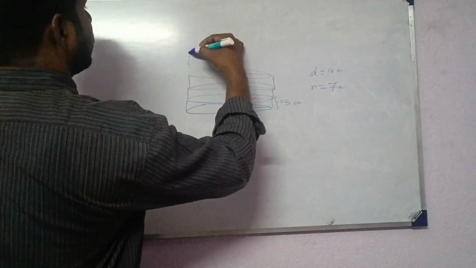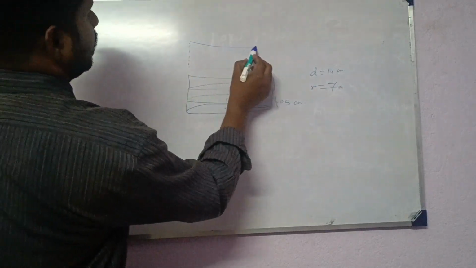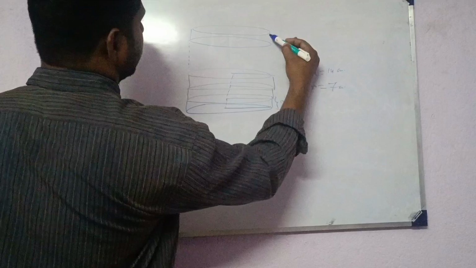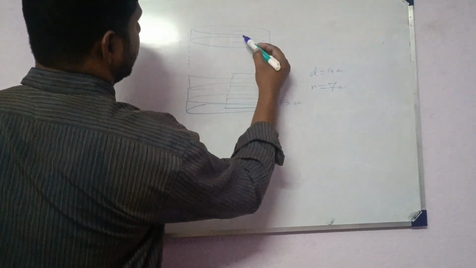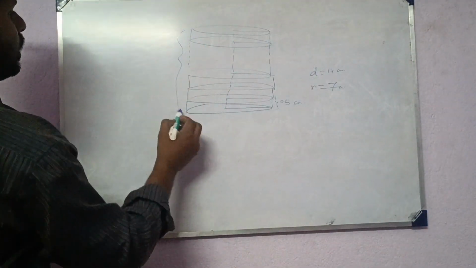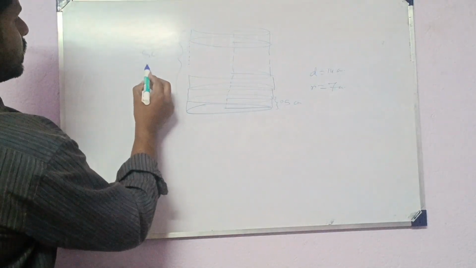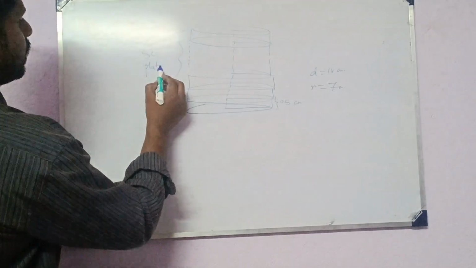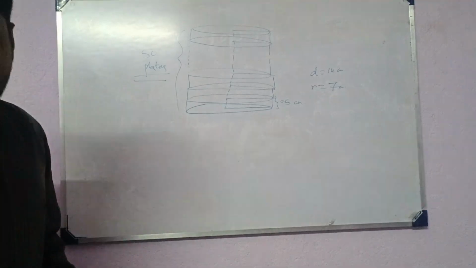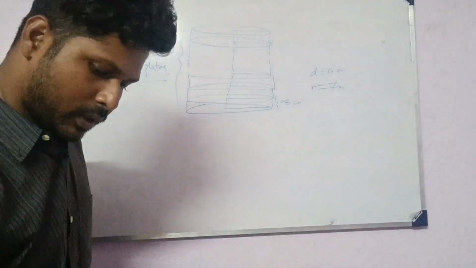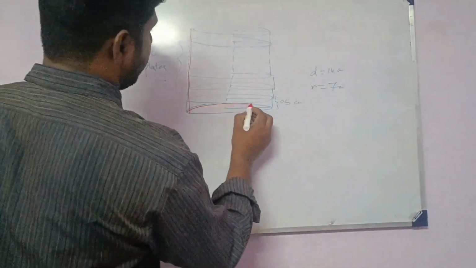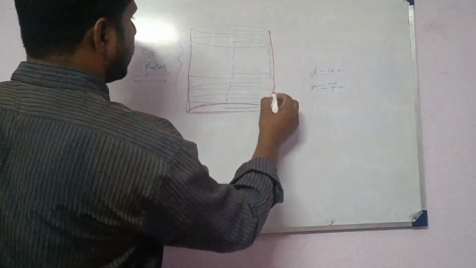Like this, there are 50 circular plates of same diameter and same height. So there are 50 plates. Basically what we understand is that the whole thing together gives us a cylinder.